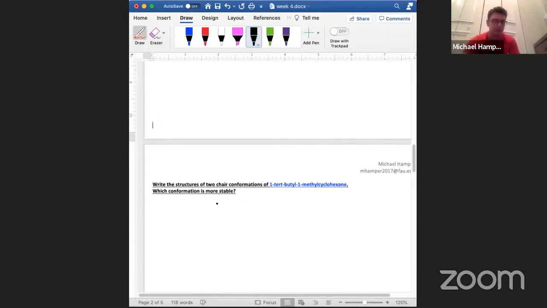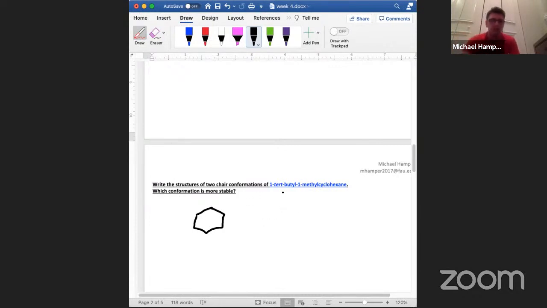Draw it flat. So what's our parent chain? Cyclohex. And we have a tert-butyl and a methyl on the first carbon. Now these carbons are sp3, right? Yes.